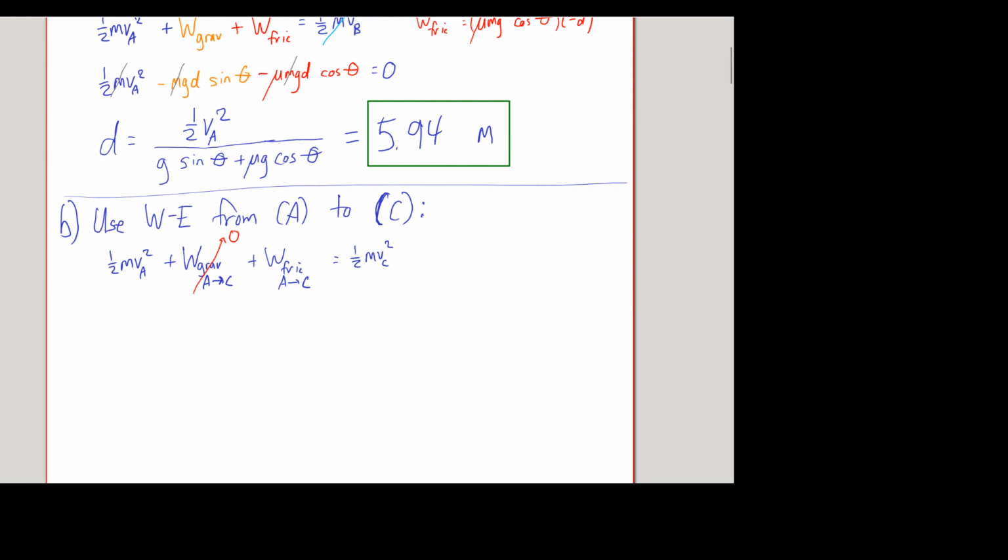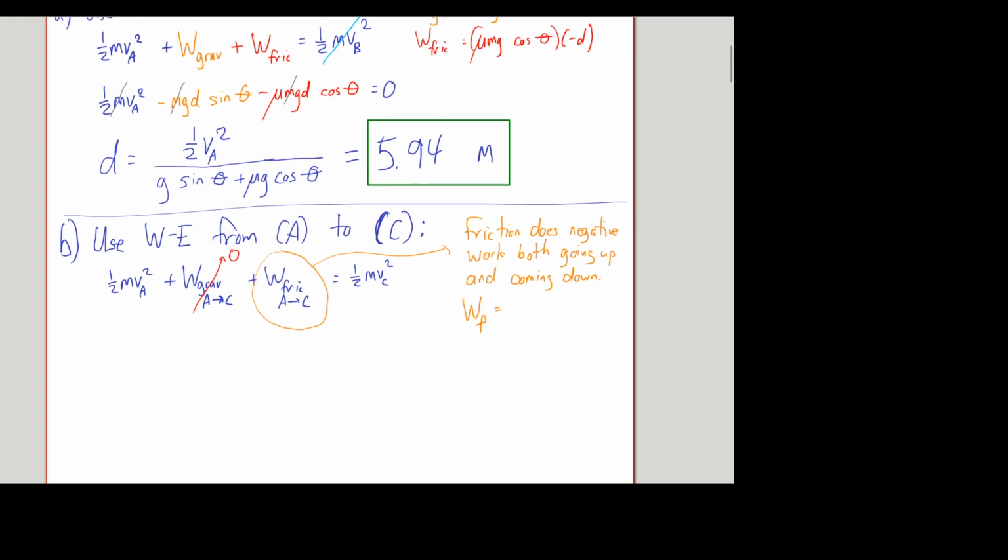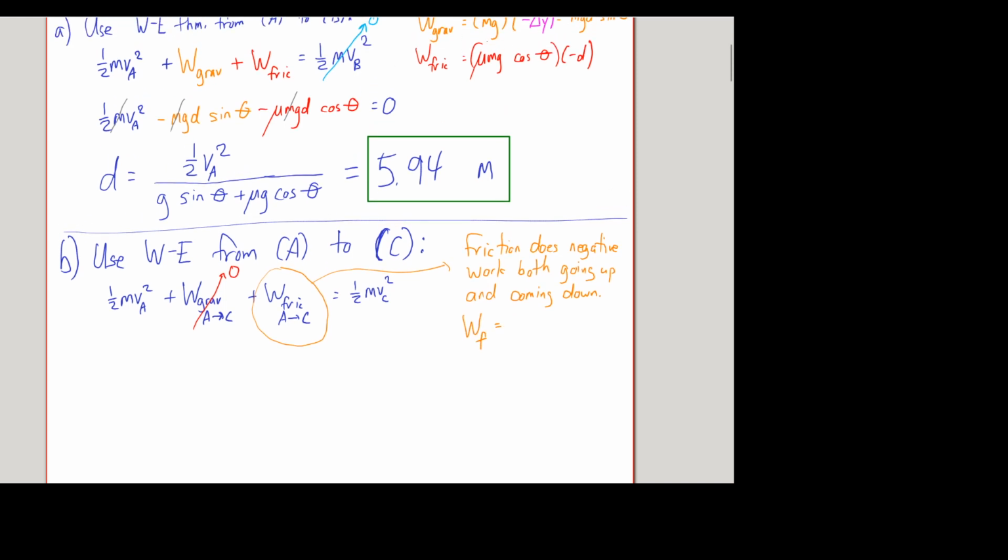So friction does negative work both going up and coming down. So the work of friction, in comparison to this, which is what we got on the way up, it's going to be twice that much.